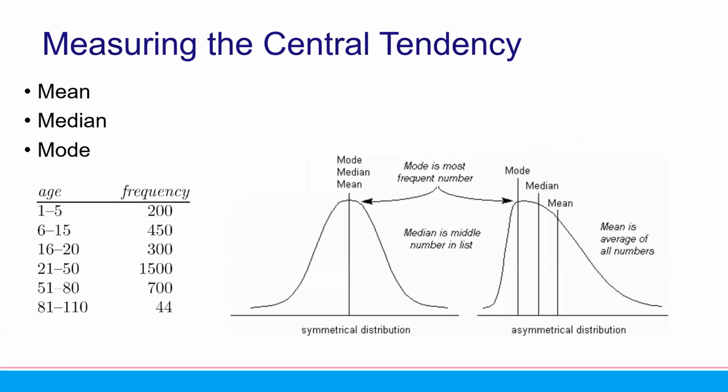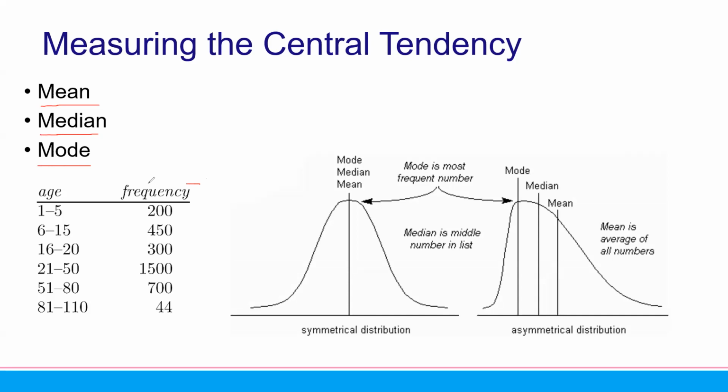What is the meaning of central tendency? Okay. So the central tendency we can see from 3 different measures: mean, median, and mode. We will check them one by one.